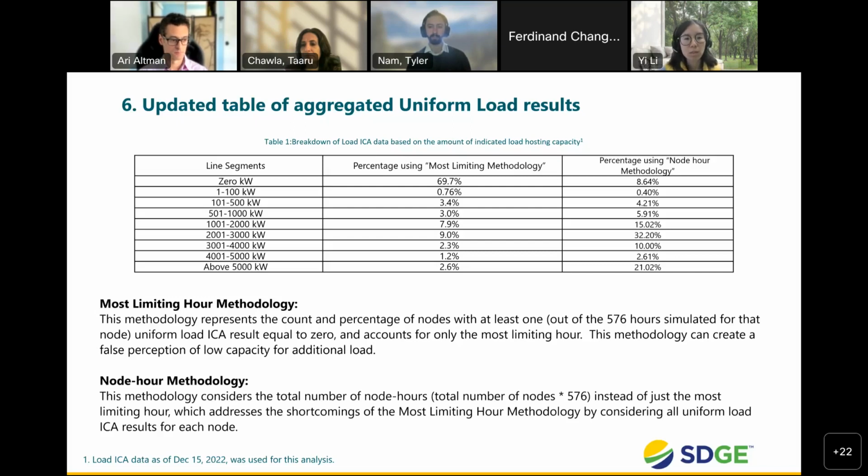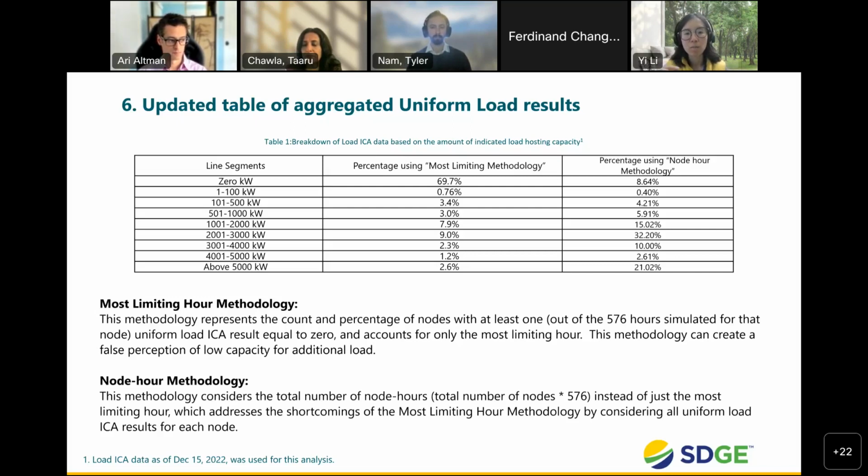So I think one thing we want to clarify is that the nodal hour methodology and the most limiting methodology here is not a methodology we use to calculate load ICA, right? When you look at the ICA analysis, I know you're very familiar with it, the analysis itself is already a nodal hour methodology, right? It calculates the 576 for every single node and makes that data available.